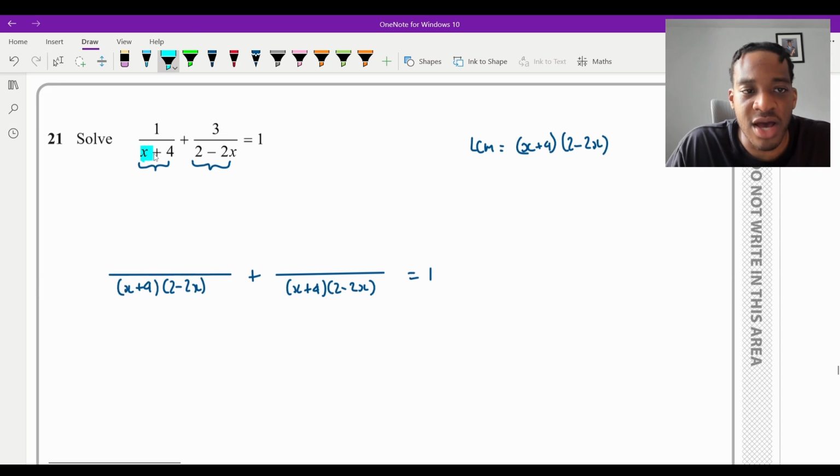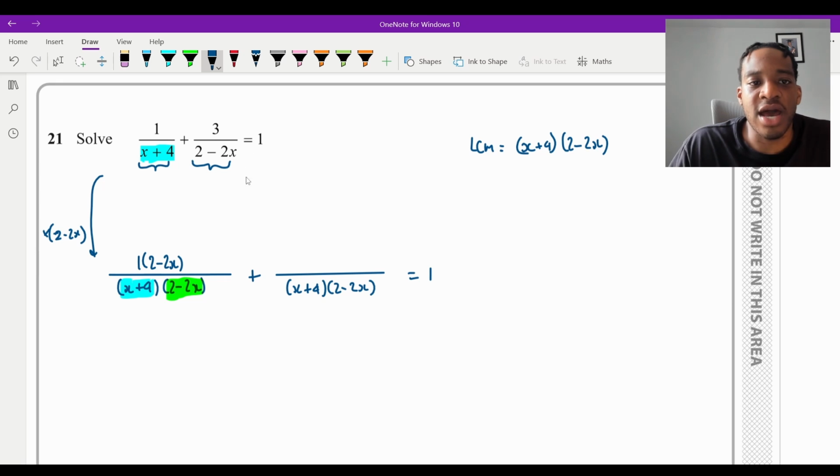So if I look here, I had x plus 4 at the start. I also have an x plus 4 here, but it's also being multiplied by 2 minus 2x now. And that means that I have to multiply the numerator by that same 2 minus 2x, isn't it, to keep the fractions equivalent. So I'm going to have to multiply both by 2 minus 2x, like this. And that would mean on the numerator, I'll just have 1 and then 2 minus 2x.